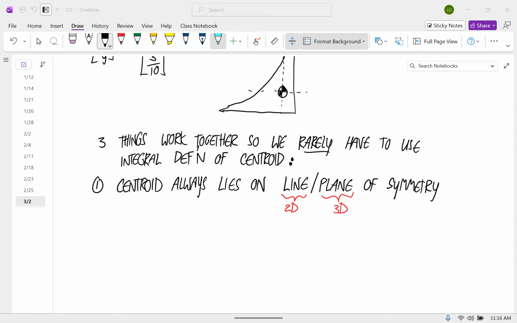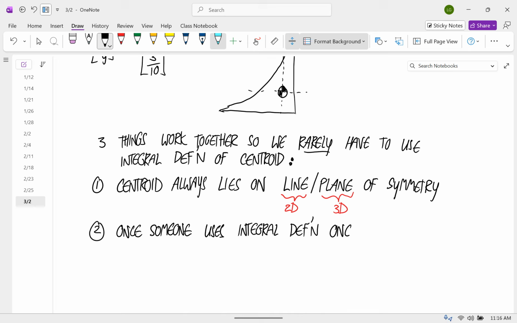the second thing is once someone uses the integral definition once for a given shape, they'll come up with an algebraic formula for it, and then you can just use the algebraic formula.